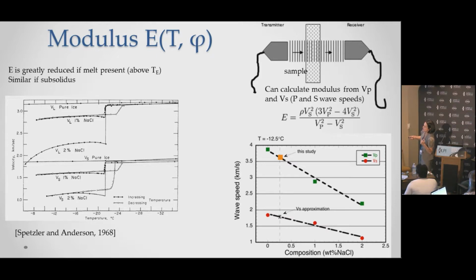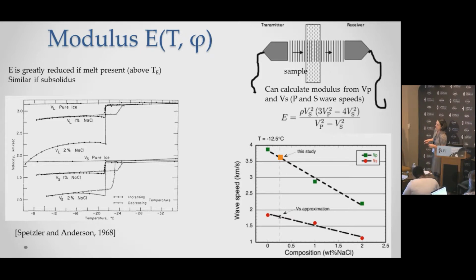This is really a small amount of doping. But then you have this very precipitous drop right at the melting temperature, and then a more gradual decrease in the wave speed velocities with temperature, which would correspond to melt fraction as well.